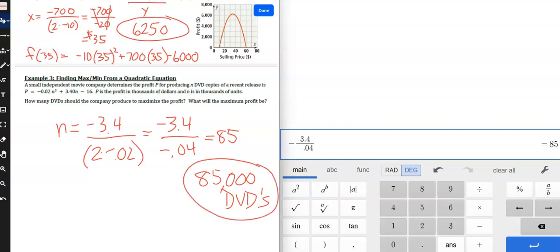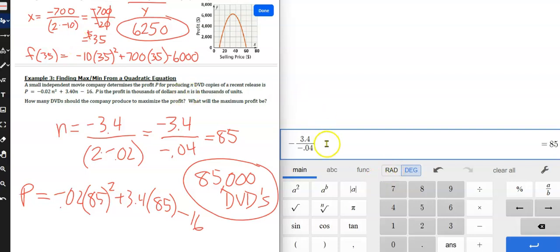Okay. Now, what do I plug in? I plug in 85. Don't plug in 85,000. I'm just interpreting what I have. So negative 0.02 times 85 squared plus 3.4 times 85, running out of room, minus 16.